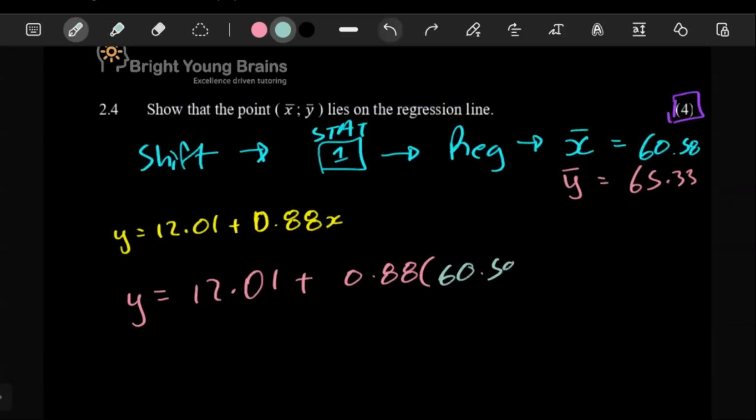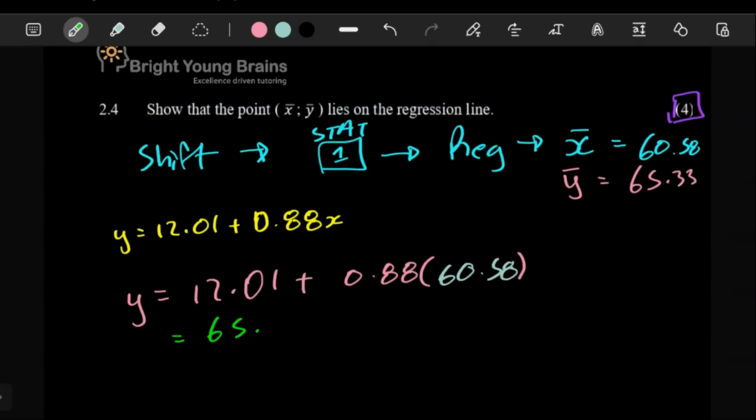And then the following here, let's see. Everything in green is going to give you 65 point something. Let's see in the calculator here, because we know it's supposed to match. 60.58 gives us 65.32.